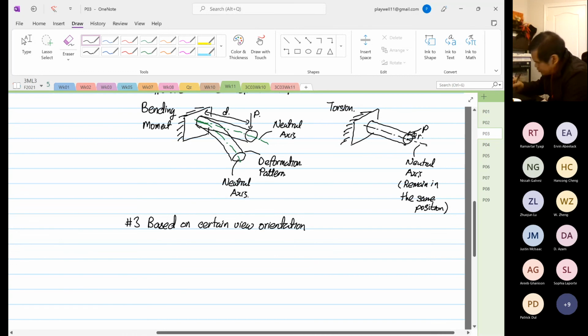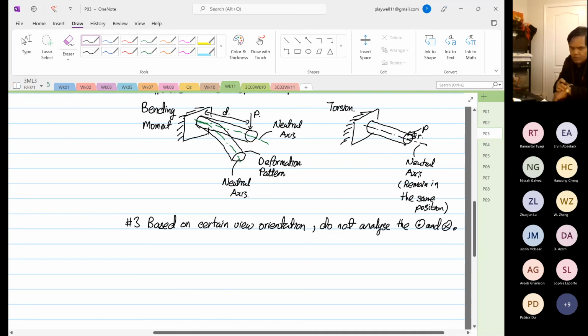So what do I mean? Do not analyze the dots and crosses. I'll explain this later.